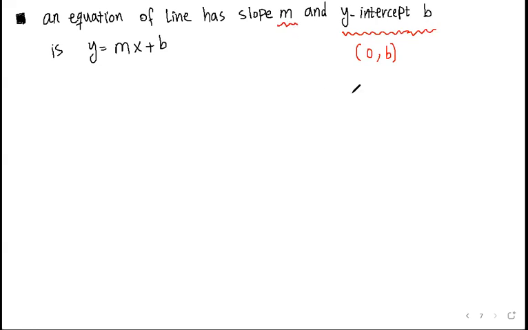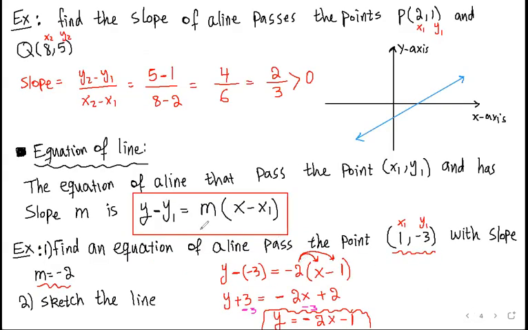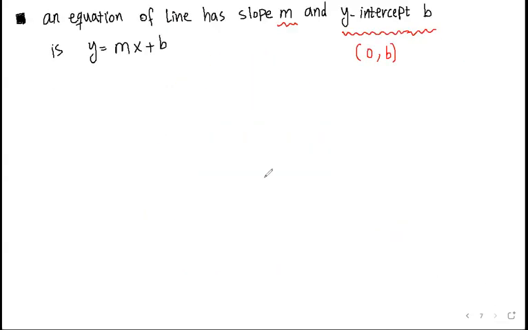So just plug into the equation formula, and you will get this formula, y equal mx plus b. Instead of using the previous formula, I can use this formula, which is easier because the x of the point is 0 and the y is b. Let me show you how we can use the previous formula to get this formula.